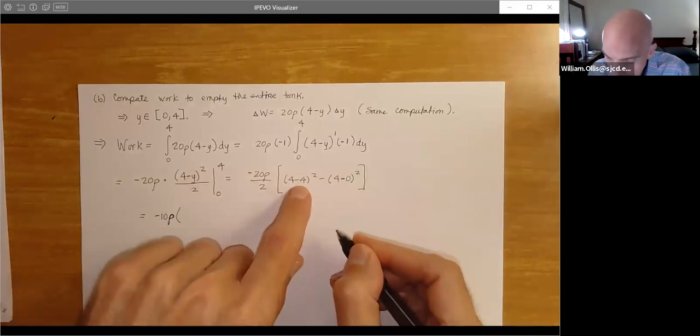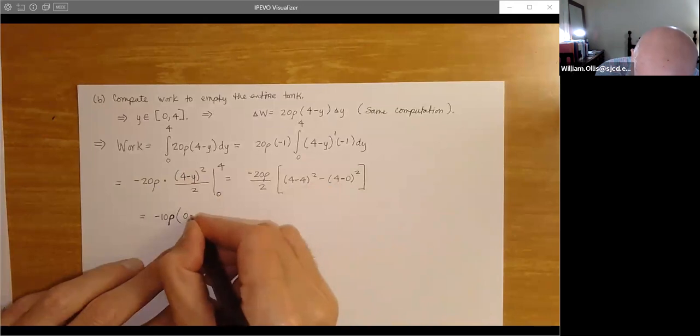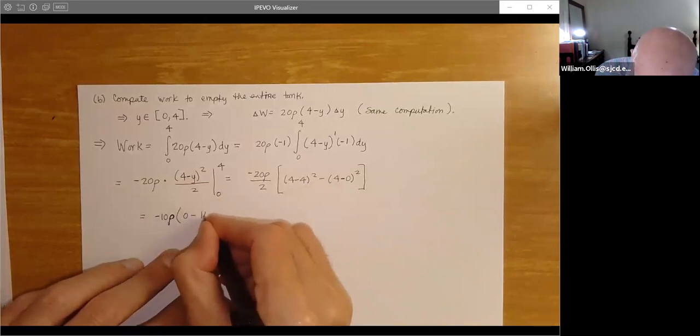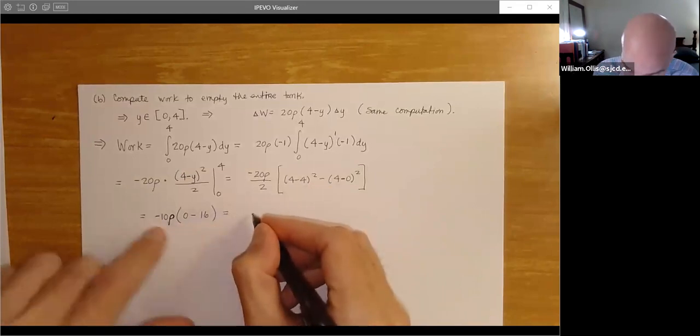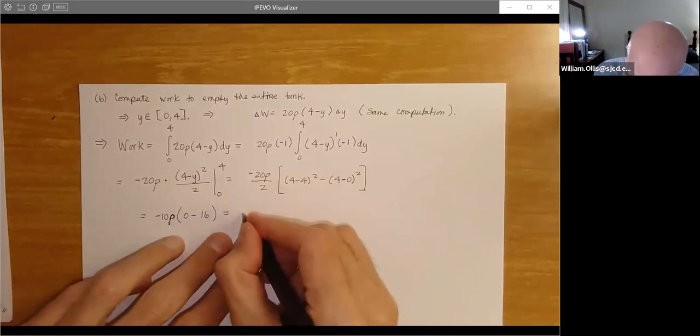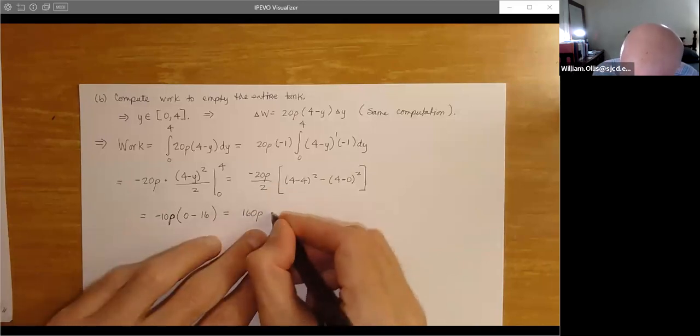And then we have a 0 minus a 4 squared. So this is 0 minus 16. So now we have a negative negative. So in this case, we've got 160 rho.